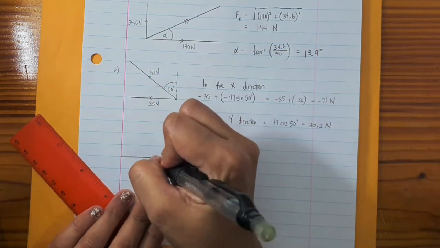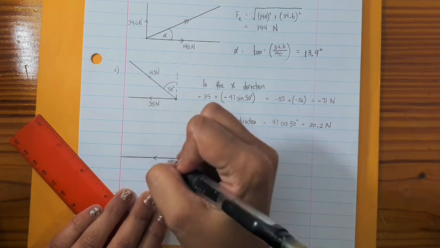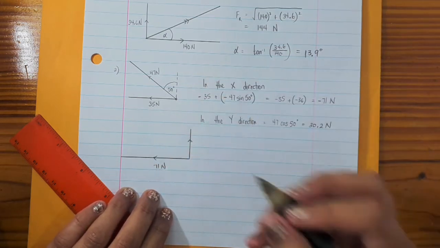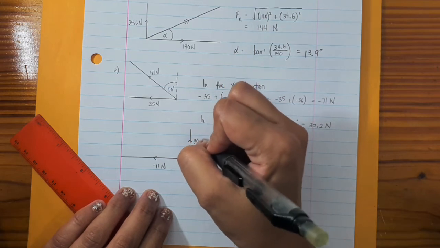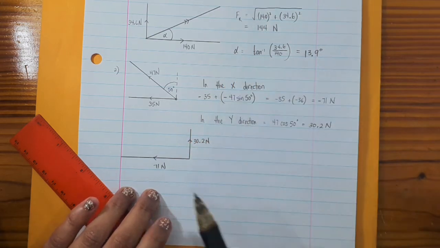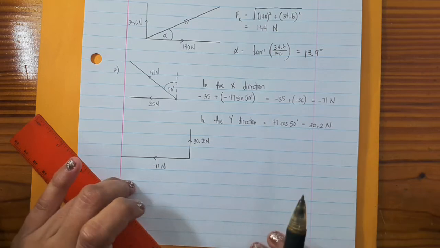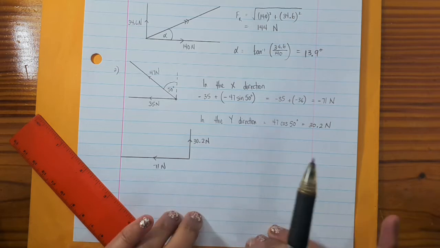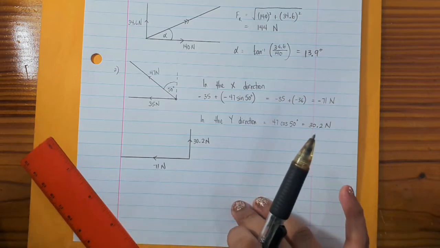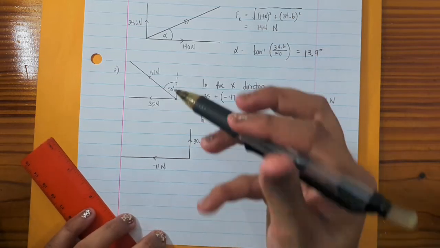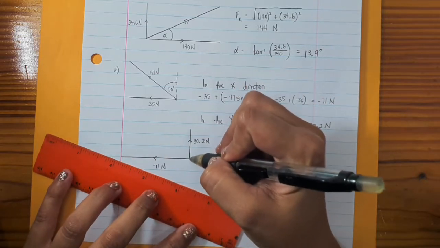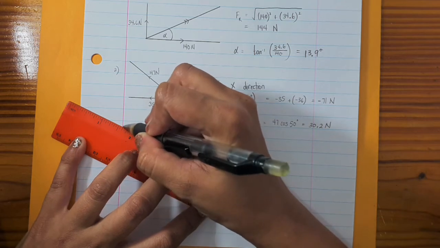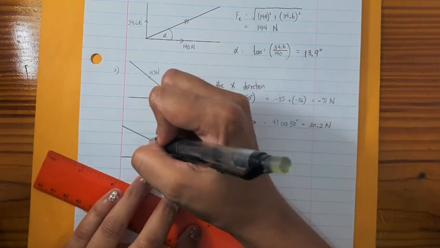Okay, so this is 71, and this is 30.2, right? So in case some of you are wondering, where's the minus sign? Again, I didn't draw it because the diagram is showing me the direction. So you can write the minus 71 if you want. I'm letting my diagram speak for the direction.